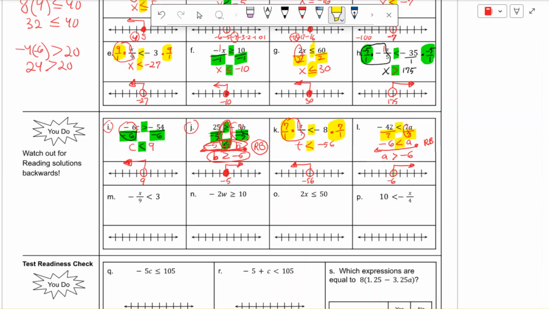A is greater than -6 to graph it correctly. All right, go ahead and pause the video. You're going to try this whole string, M, N, O, and P. Be very careful. Some of them are flipping and some of them are not. Sorry, not flipping, reversing. Reversing. Pause now.